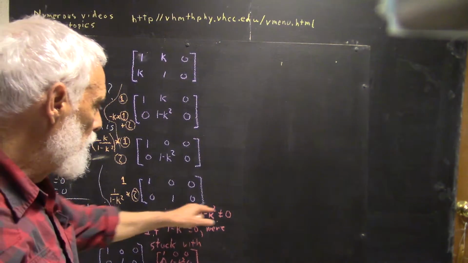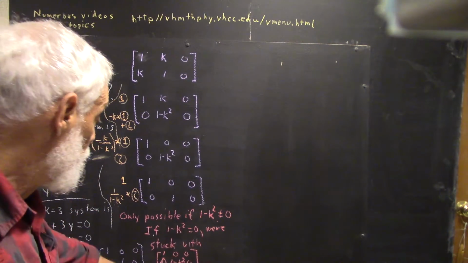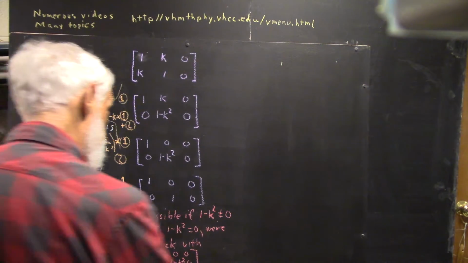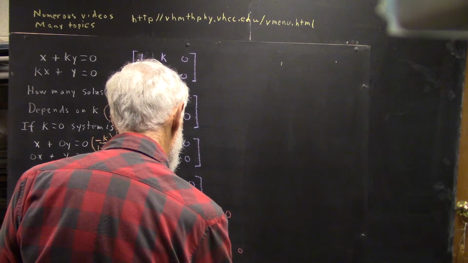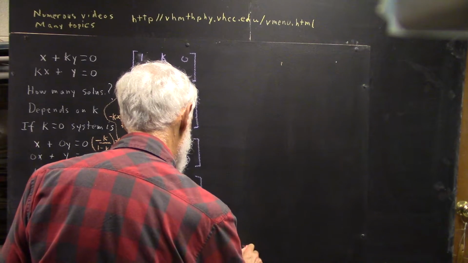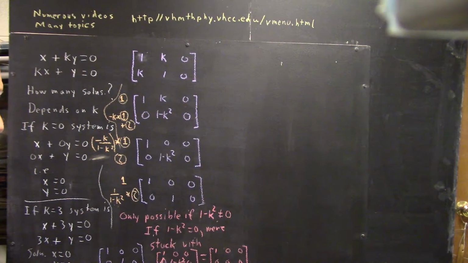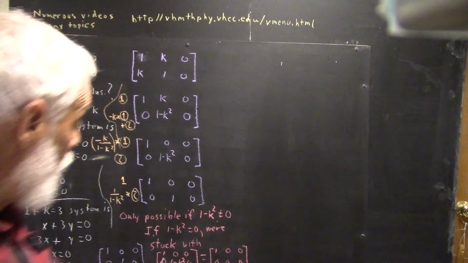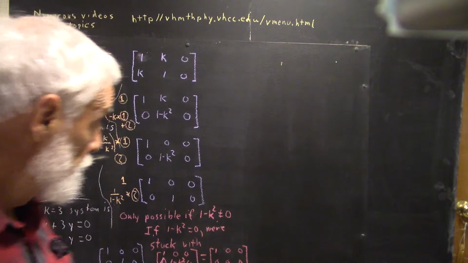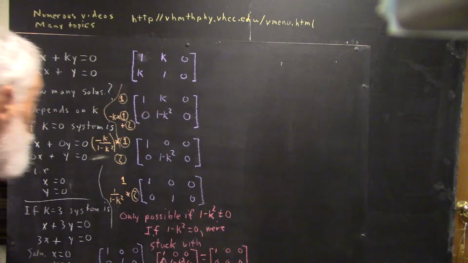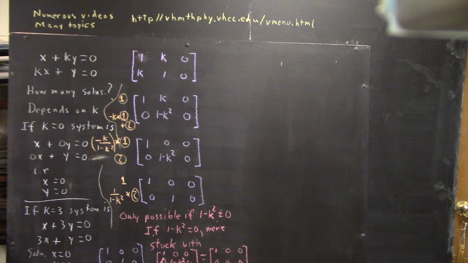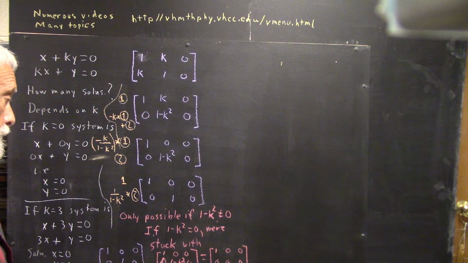But of course, if 1 minus k squared is equal to 0, our matrix is 1, 0, 0, 0, 0, 0. Meaning that y can take any value because y is unrestricted, and whatever the value of y is, x is 0. And that seems inconsistent. And actually it is.